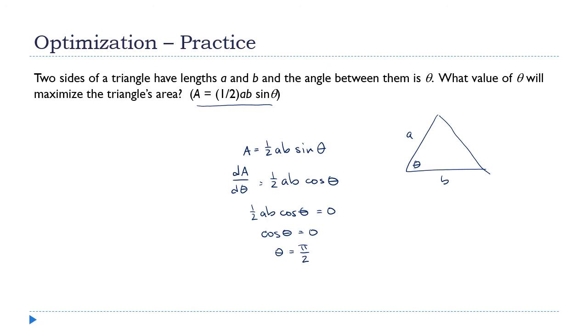But pi over 2, that's 90 degrees. So in other words, the area of this triangle is maximized when it's a right triangle. So if the length of the two sides stay fixed, the area is maximized when the triangle is a right triangle.